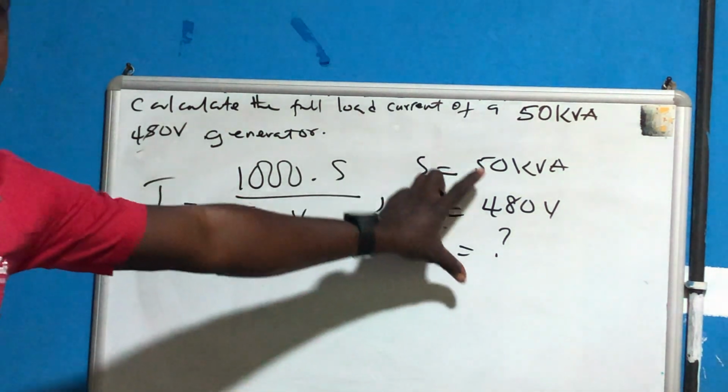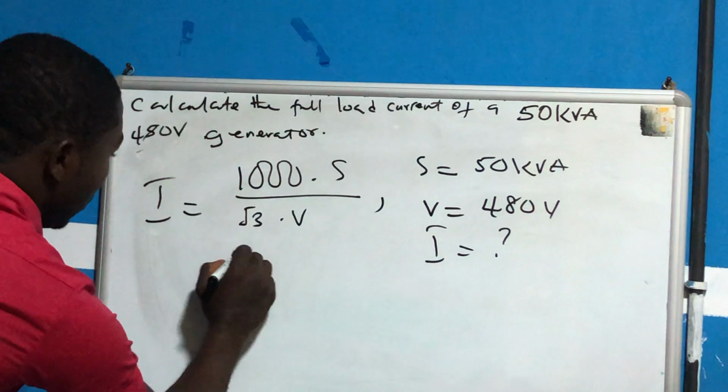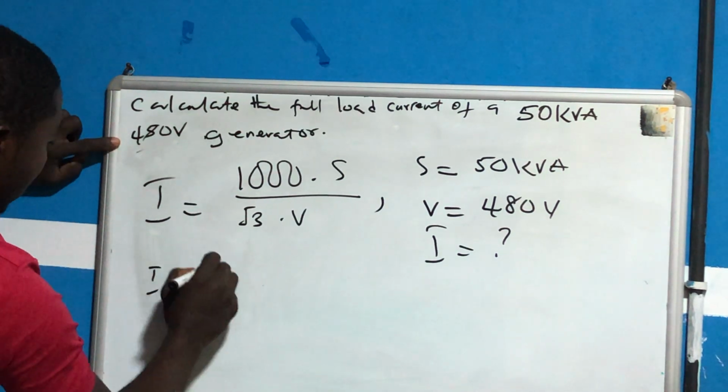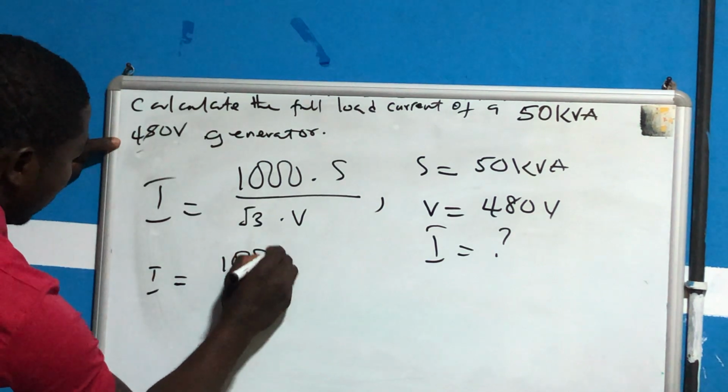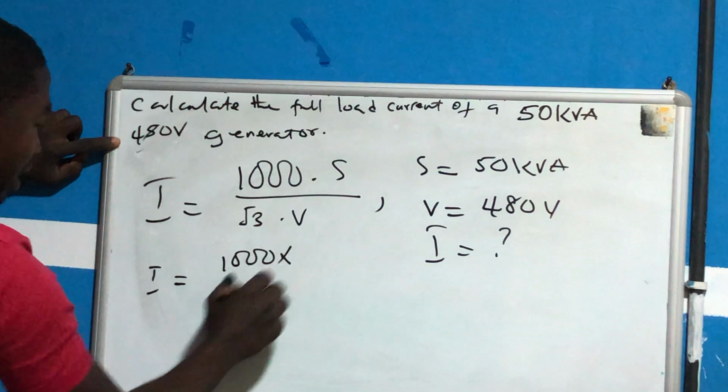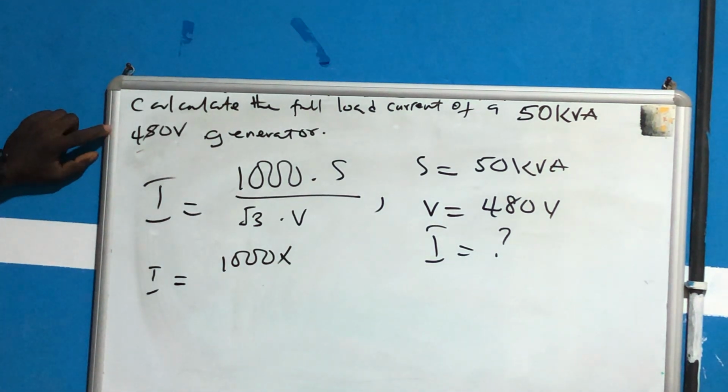Now let's do the substitution into the formula. I is unknown, so I remains. 1000, the dot here represents multiplication, so you can change it to a multiplication sign.